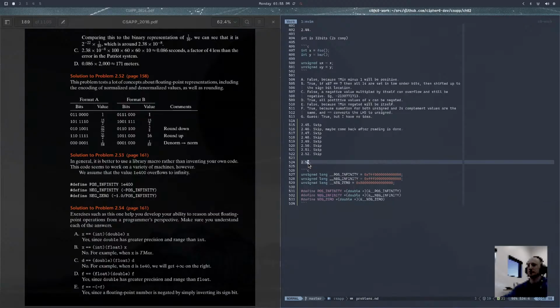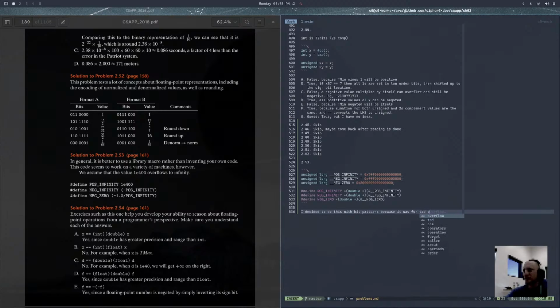So I'm going to say I decided to do this with bit patterns because the other way was too lame. No. We'll just say because it was fun to do it this way.